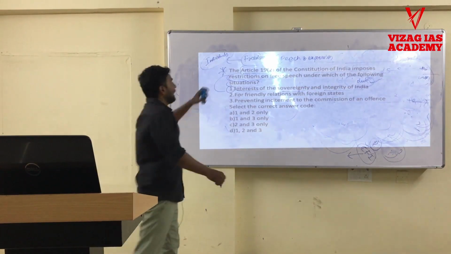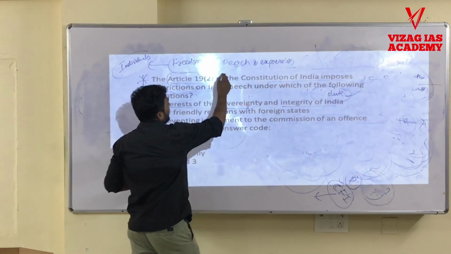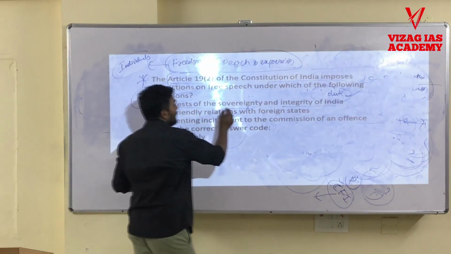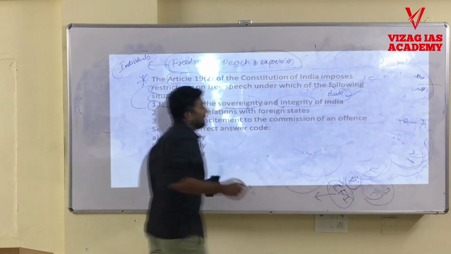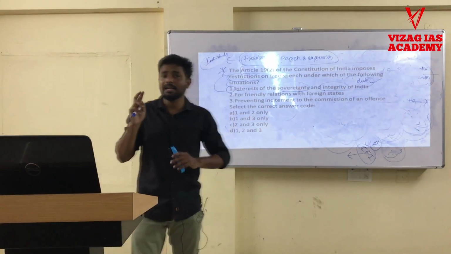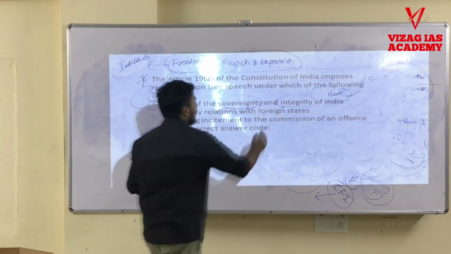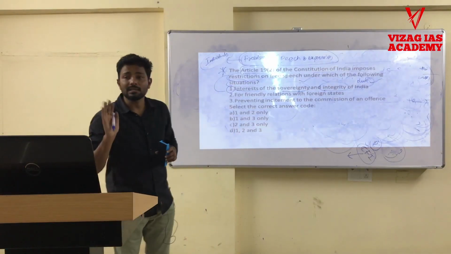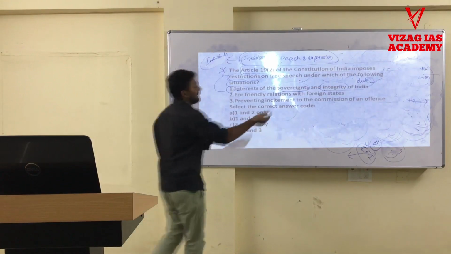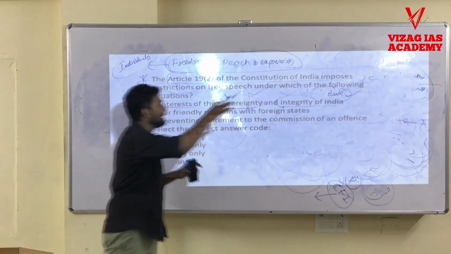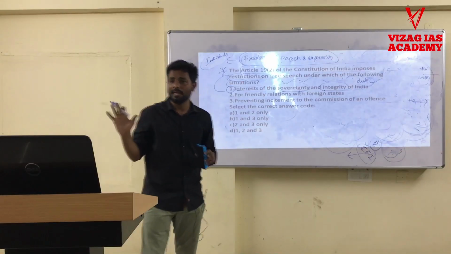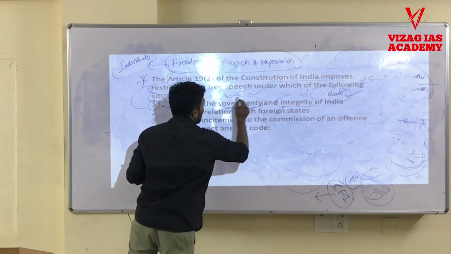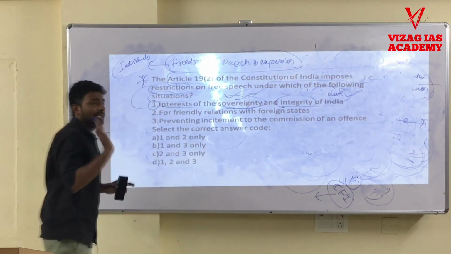You should not speak or express anything that disturbs the integrity or threatens the sovereignty of the country. As long as you speak reasonably while following all the guidelines, you are entitled to maximum freedom of speech and expression. But there is a reasonable restriction that it should not threaten the country's sovereignty and integrity.